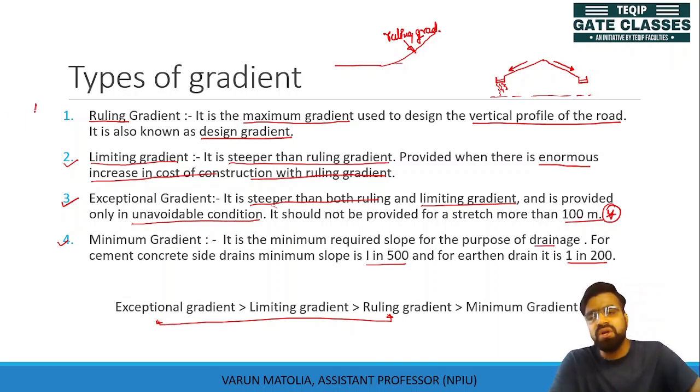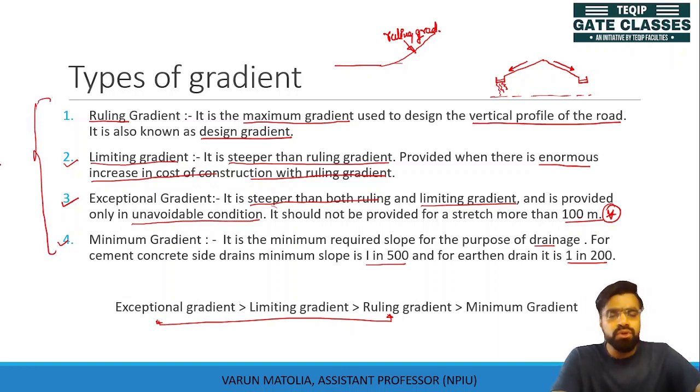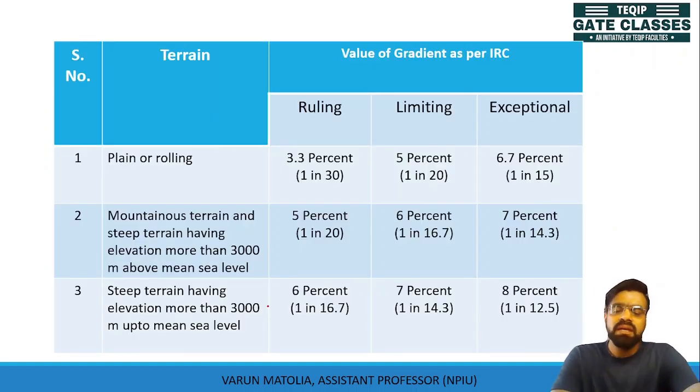You should remember the definitions of all the four gradients, and this hierarchy is also important. In many exams, you will get a question on the relation of these gradients. Then these values are provided by IRC.